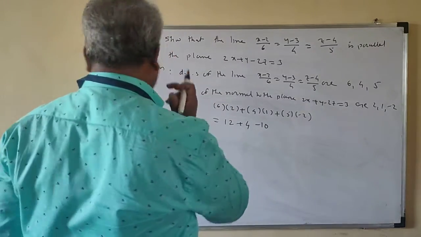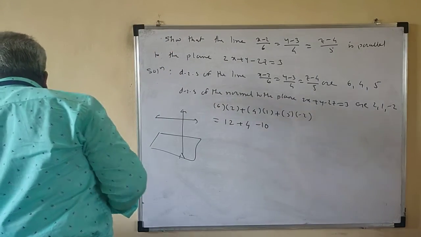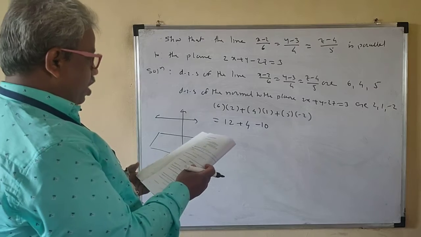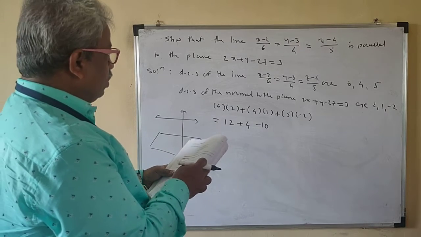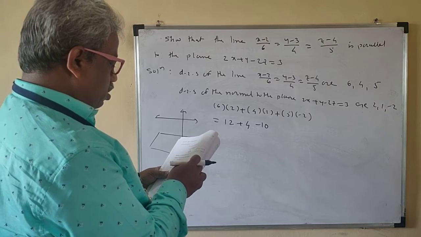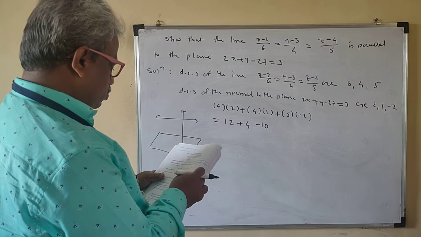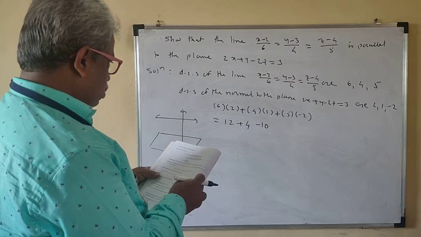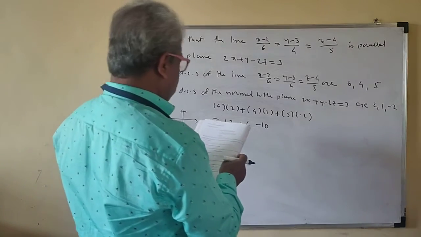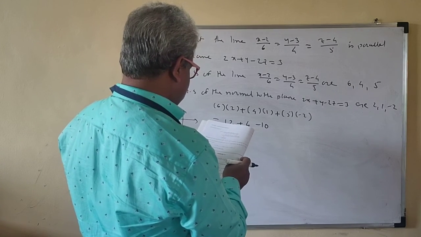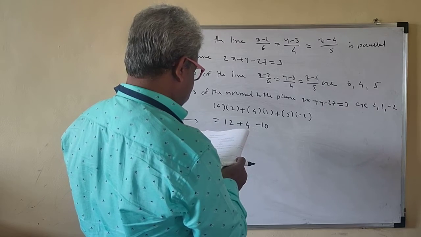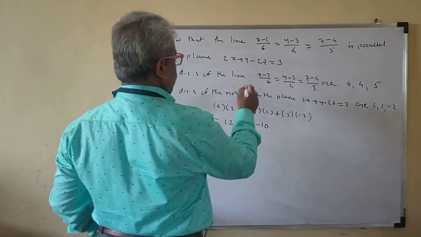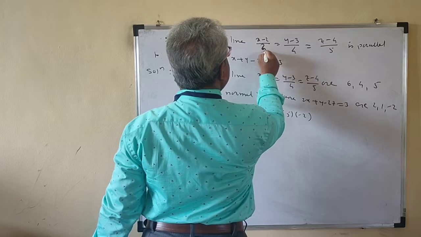So something is wrong here. 6, 4, 5 and the plane is 2, 1, minus 2. So this will take 3 now.